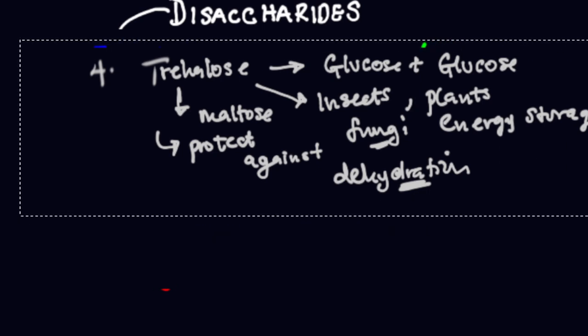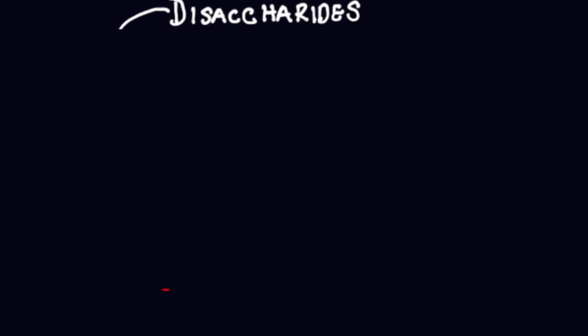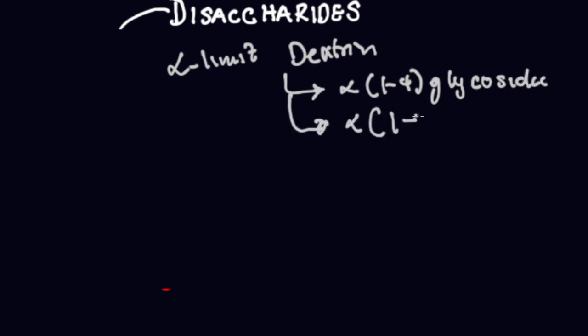Once you hydrolyze it, alpha limit dextrin is an oligosaccharide that contains alpha 1,4 glycosidic bonds, and at the same time it contains alpha 1,6 glycosidic bonds.